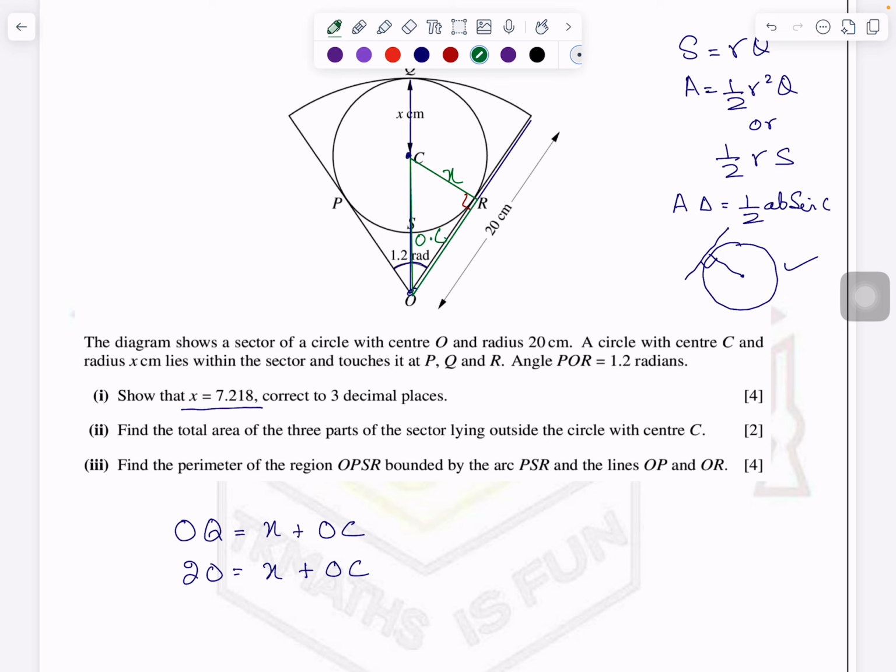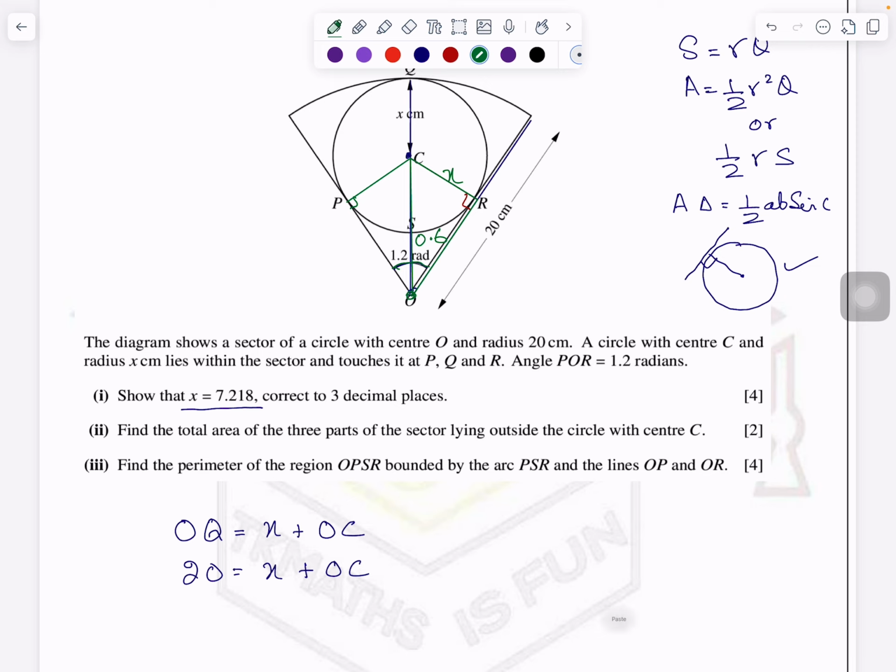By the way, this angle will be 0.6 according to the property of a circle, which says if you have an external point, which is suppose O, and you draw two tangents, then it bisects the angle at the external point.